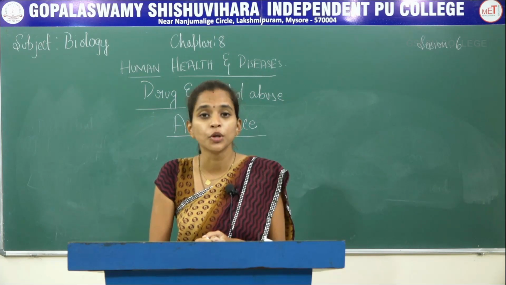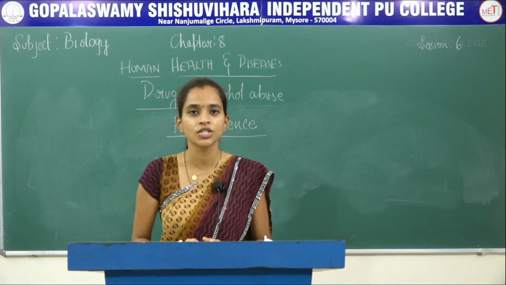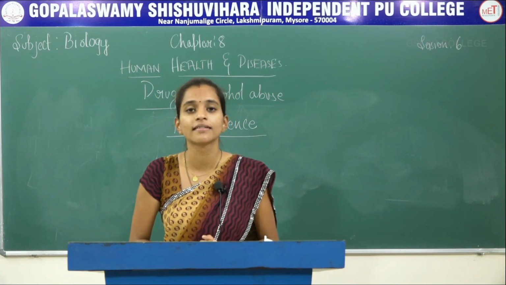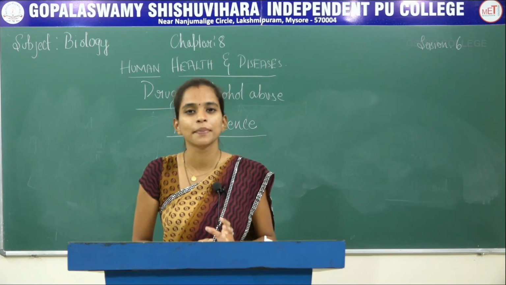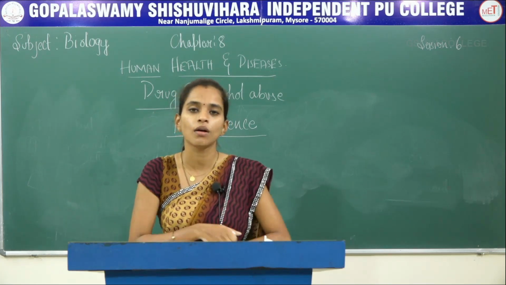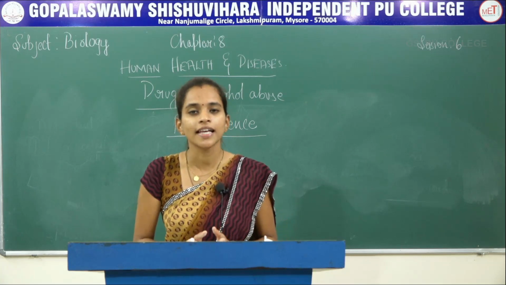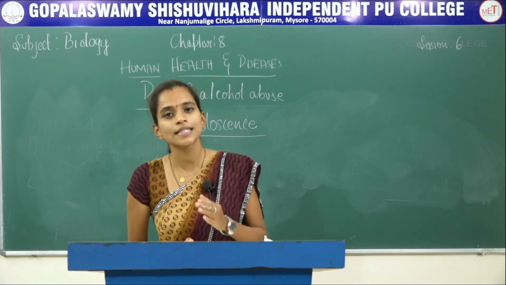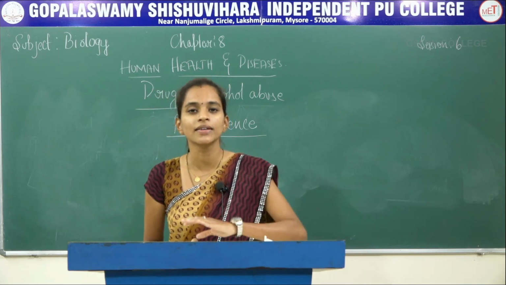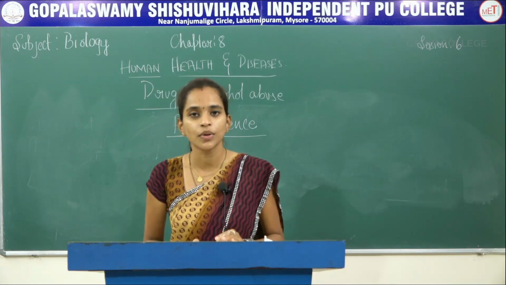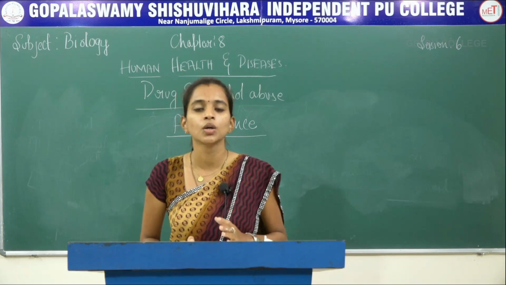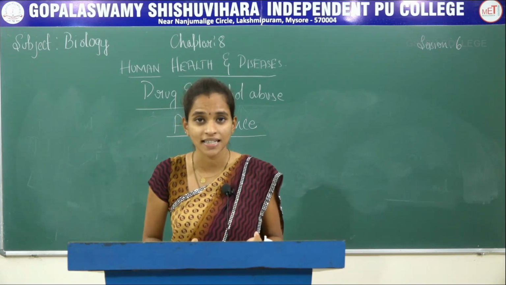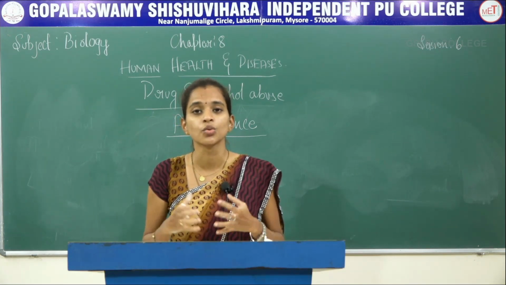Adolescence is nothing but puberty. That's why I have told that drug and alcohol abuse is mainly seen in youth, where the age limit is from 12 years to 18 years. This is an age where the teenager will be very excited to know certain things.